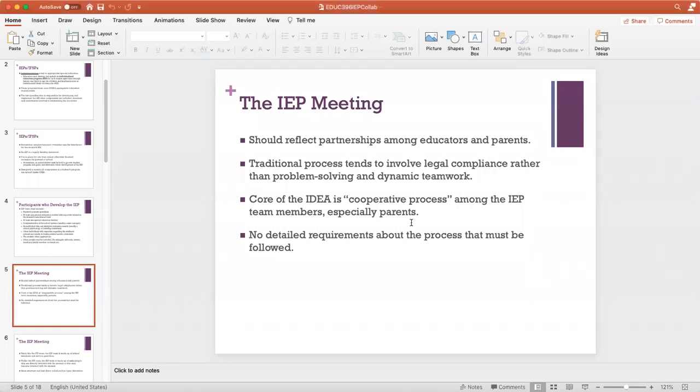The role of the IEP meeting itself is to present information, present goals and strategies, and agree to them or disagree to them. Most of the time, simply agree to them. That doesn't mean that there isn't going to be a back and forth. That doesn't mean that there isn't going to be this working together to figure out what's appropriate and who's going to meet it and all those things that happen in the RTI meeting.